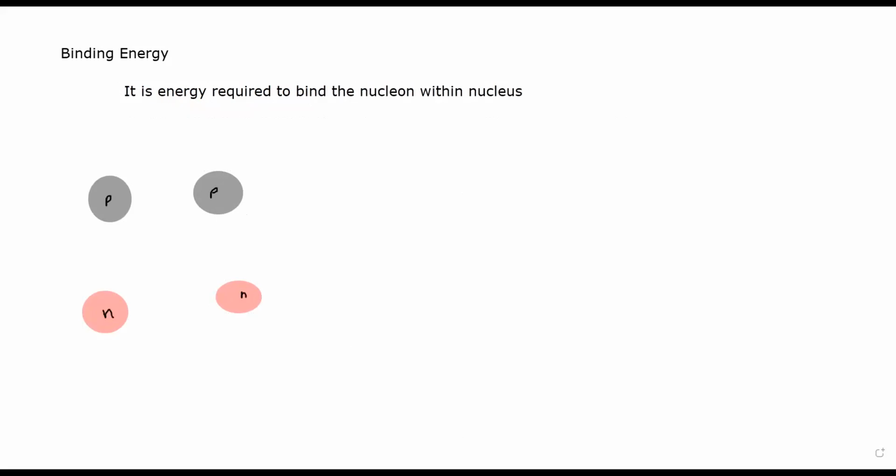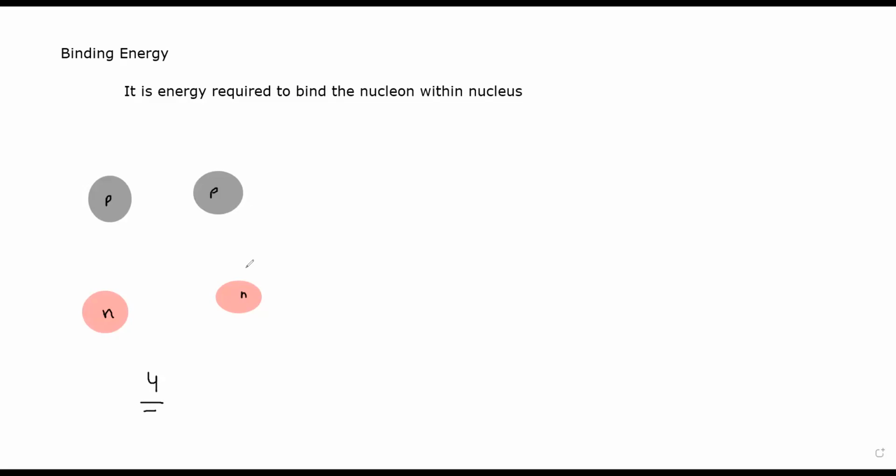which are outside the nucleus. So when we find the mass of these particles independently outside the nucleus, for example, the mass is equal to 4. This is just an example I'm taking.